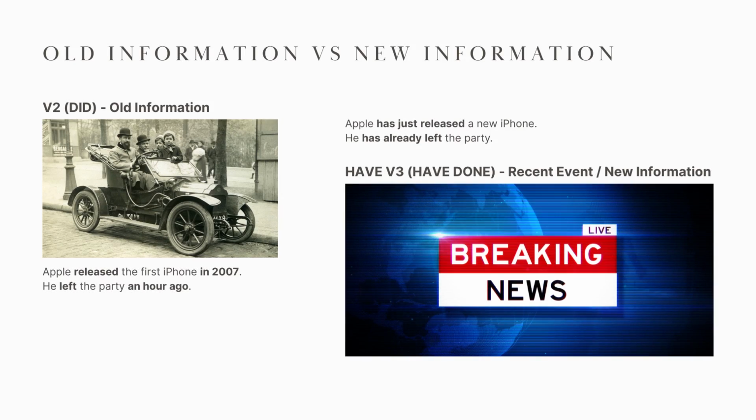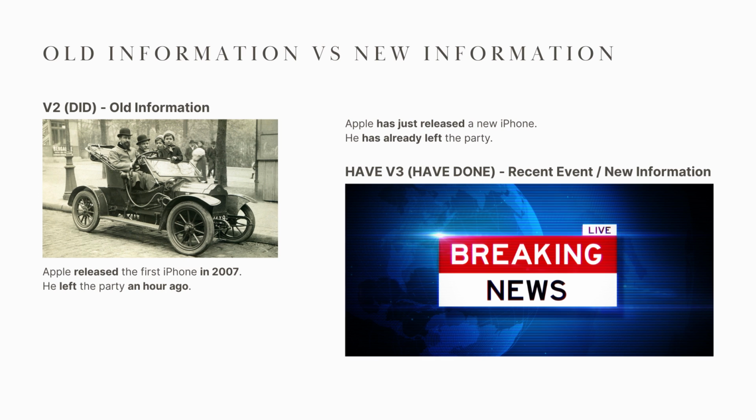Now, let's take one more comparison of these different verb tenses, okay? This one is old versus new information, okay? So we use the past simple to describe something that's well in the past, okay? It's old information. It's an old event.